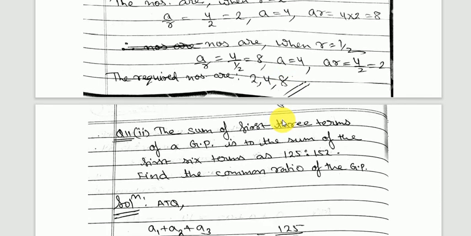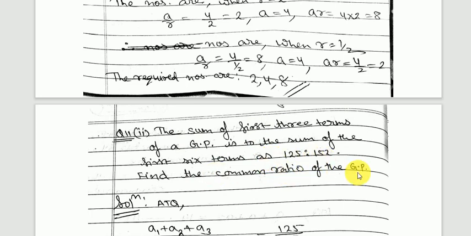Now question number 11.2. The sum of the first 3 terms of a GP is to the sum of the first 6 terms as 125 is to 152. Find the common ratio of this. So here the ratio is given. The sum of the first 3 terms of a GP is to the sum of the first 6 terms is this.